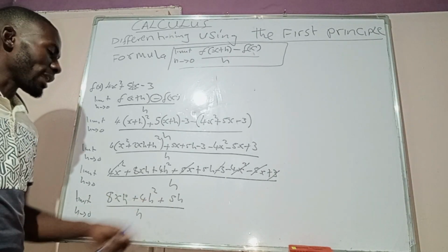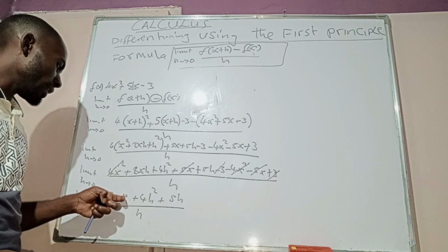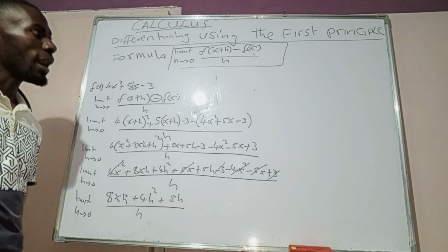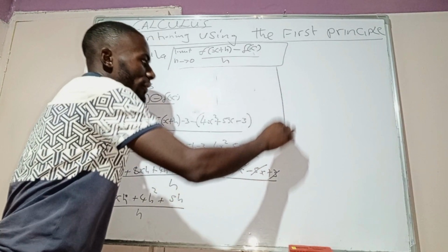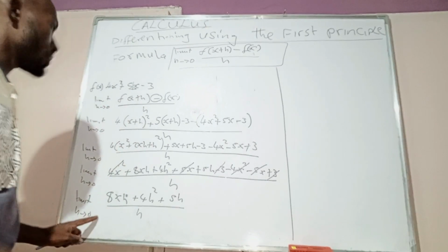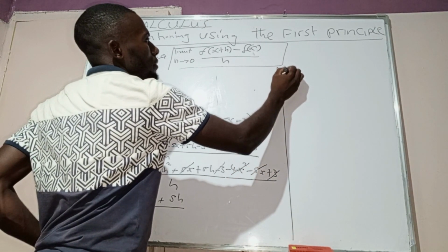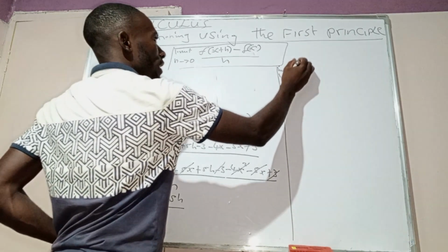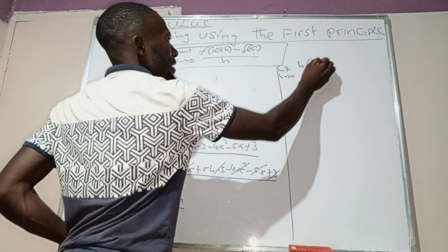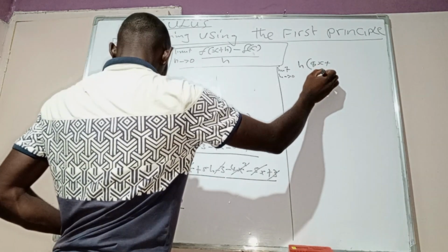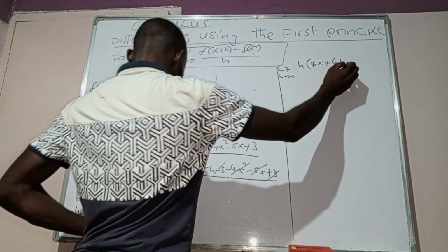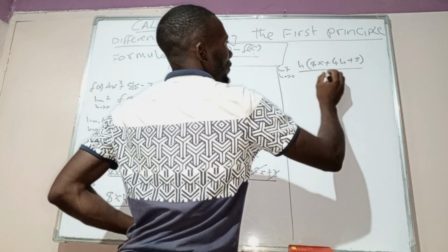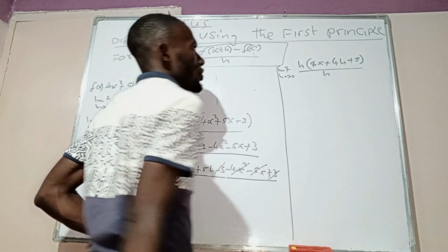So we are going to look out for what is common here, there, and there. So you find that here there's an h, there's an h, there's an h. So we are going to factorize h. So limit when h approaches 0, when we factorize h outside, we remain with 8x plus 4h plus 5 over h.